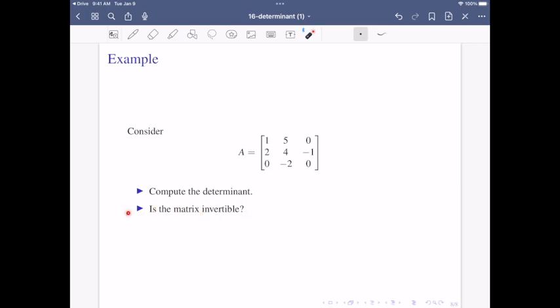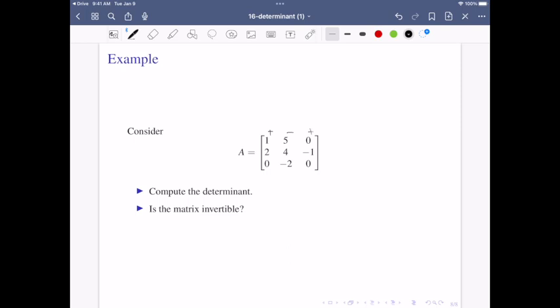The second question could be answered by doing REF of A and counting the number of pivots. But we're going to use the result from the determinant. If the determinant is 0, then it's not invertible. So we're going to scan the first row, and I will put the signs plus, minus, plus.